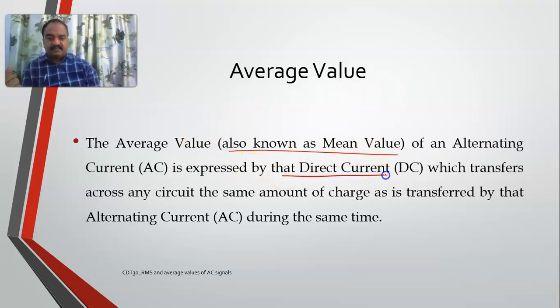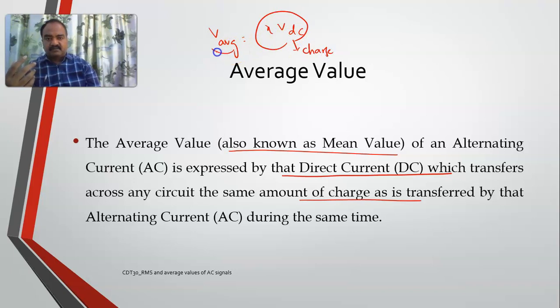It is expressed by that DC current which transfers the same charge as the AC signal, equal to VDC, which gives the same charge as this particular signal. So the average of an AC signal is equivalent to the DC value of the signal which produces the same charge as your AC signal, during a specified time period.